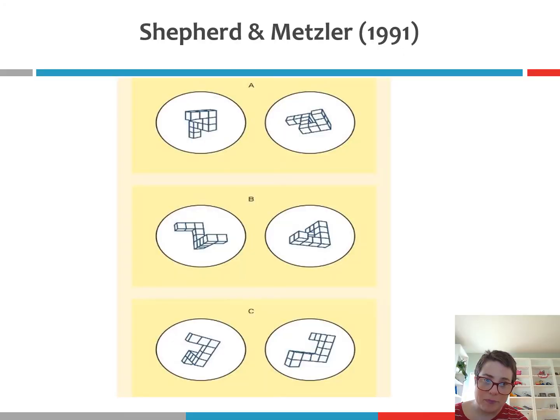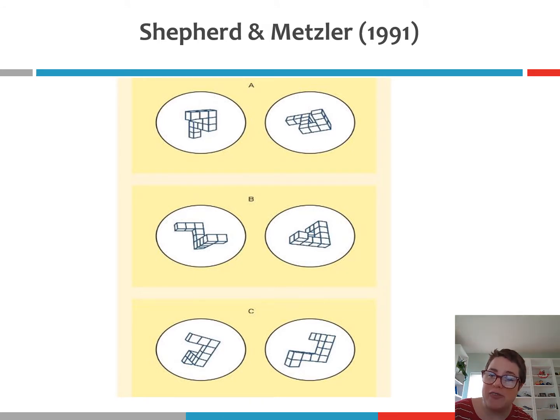Okay. So in this particular study, Shepard and Metzler gave participants examples like this. They were asked to judge whether two three-dimensional objects were the same or different. So is the picture on the right the same object as the picture on the left but rotated, or is it a totally different object?